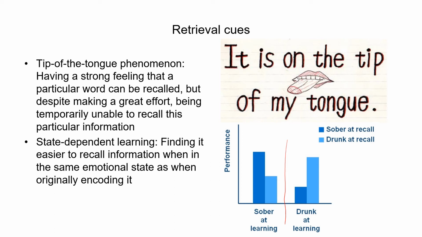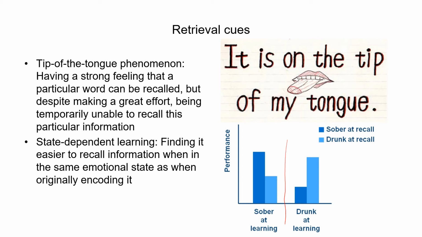So half of the people were drunk at learning, half sober at learning. Then a day later, they bring all the people back to the lab, and half of the people that were drunk at learning drink again, and half of the people that were sober at learning drink now. So now we're split into 4 categories.